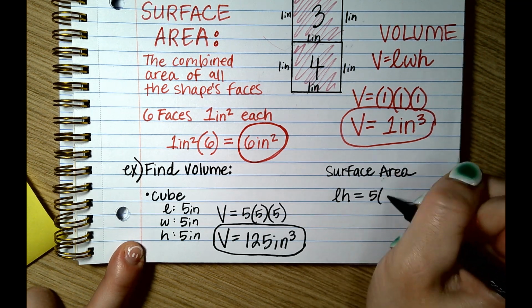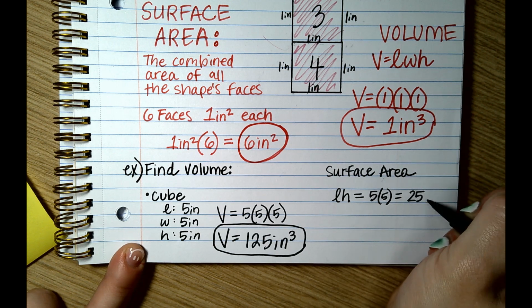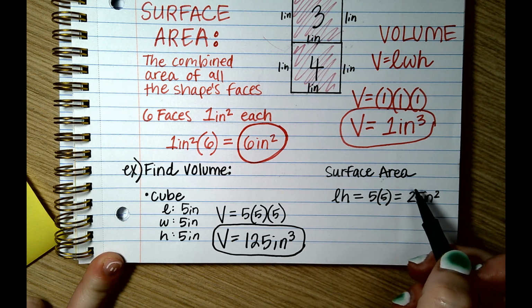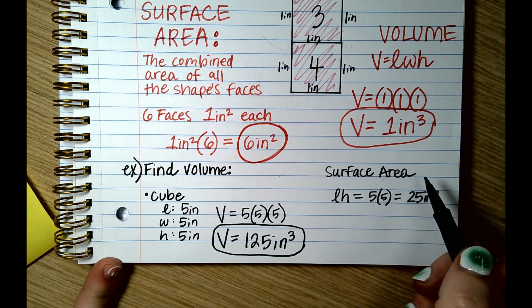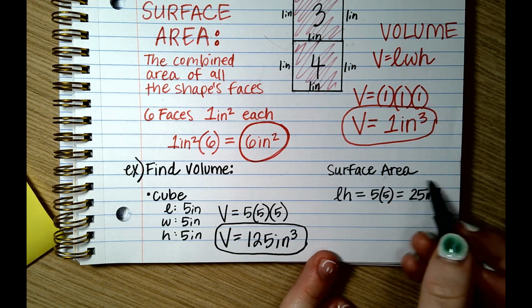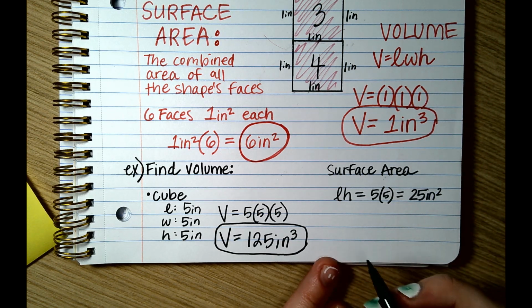So 5 times 5, and you said that was 25? So 25 inches squared. And how many faces does a cube have? It has 6. So we take that area we found, 25, times 6.